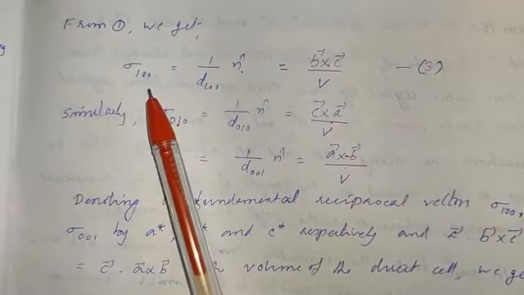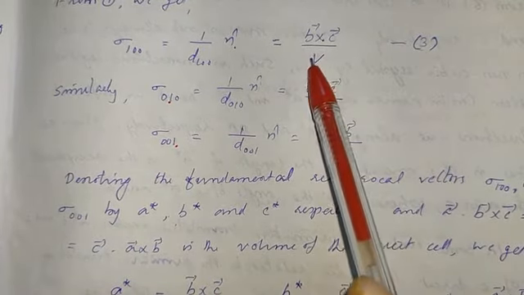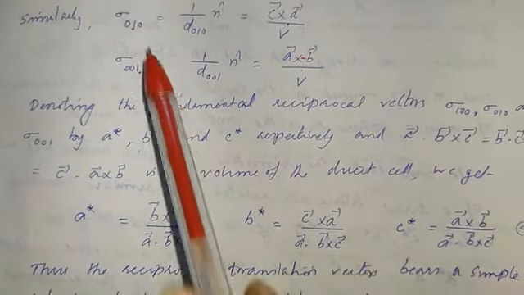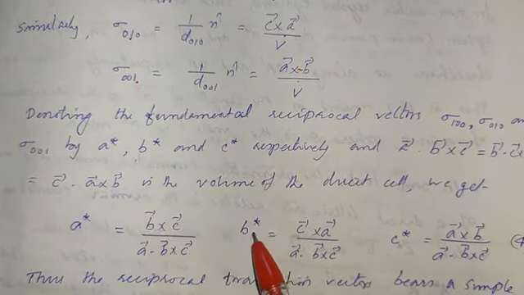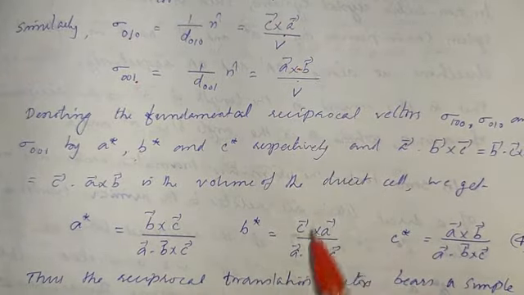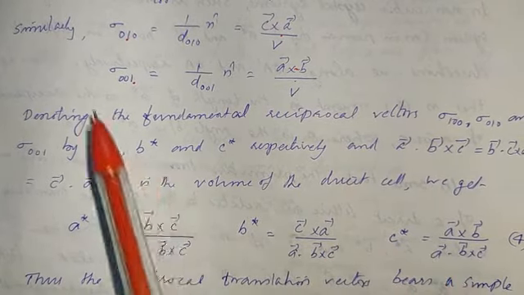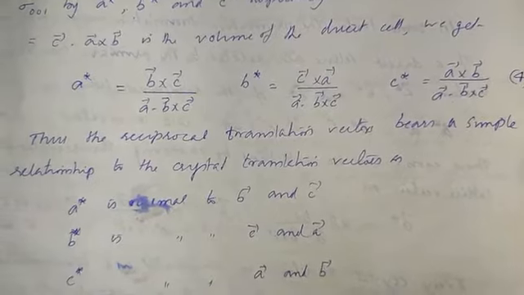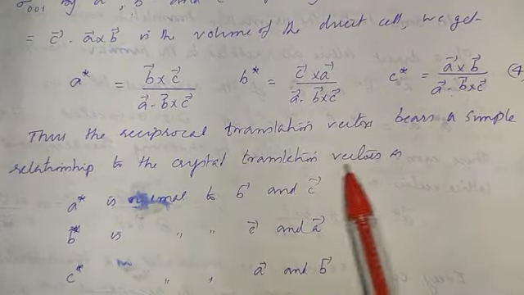This is a star, which is b cross c divided by the volume, which is b cross c divided by a dot b cross c, and the second vector sigma 010 as b star, which is c cross a divided by the volume a dot b cross c, and again c star, which is sigma 001, as a cross b by a dot b cross c.